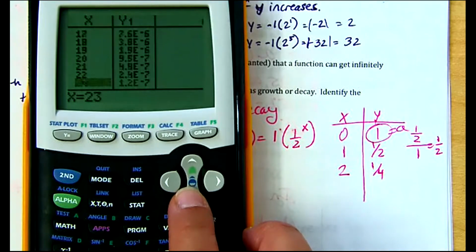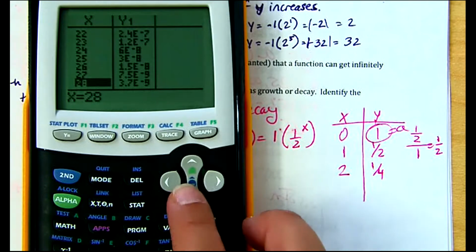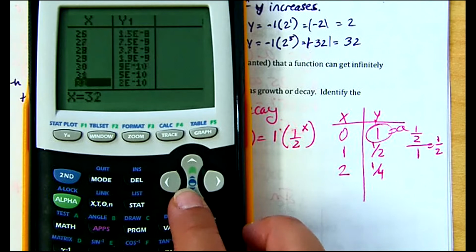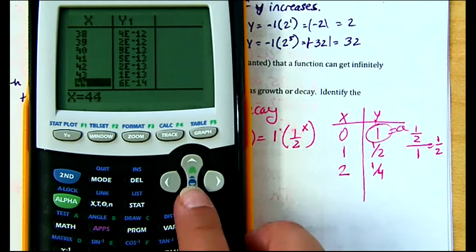So what this means is as my x gets higher, there's more zeros after my decimal before I hit another number. Look at that.